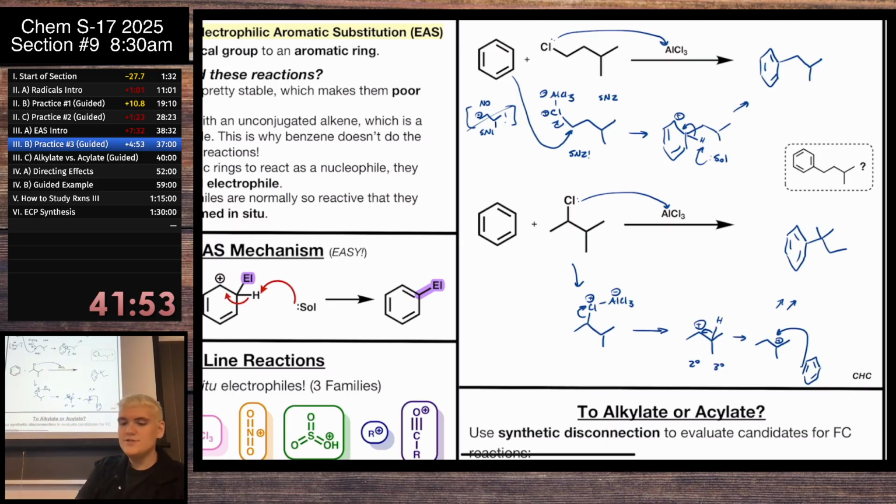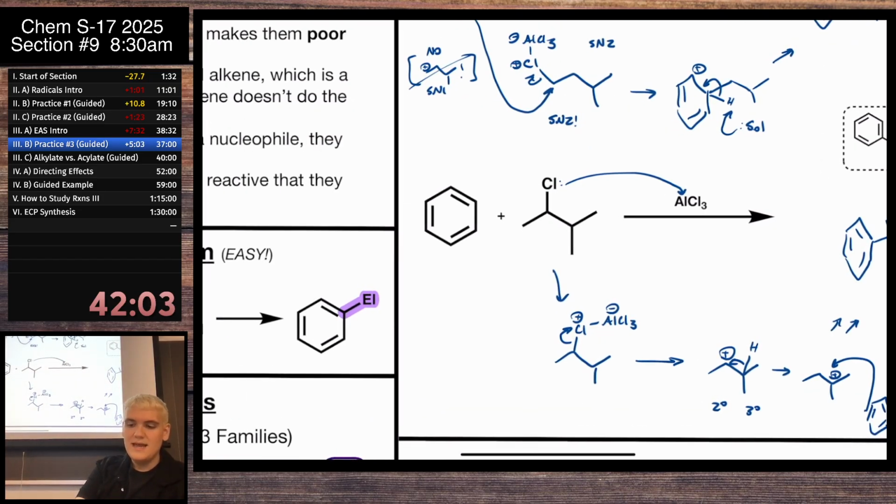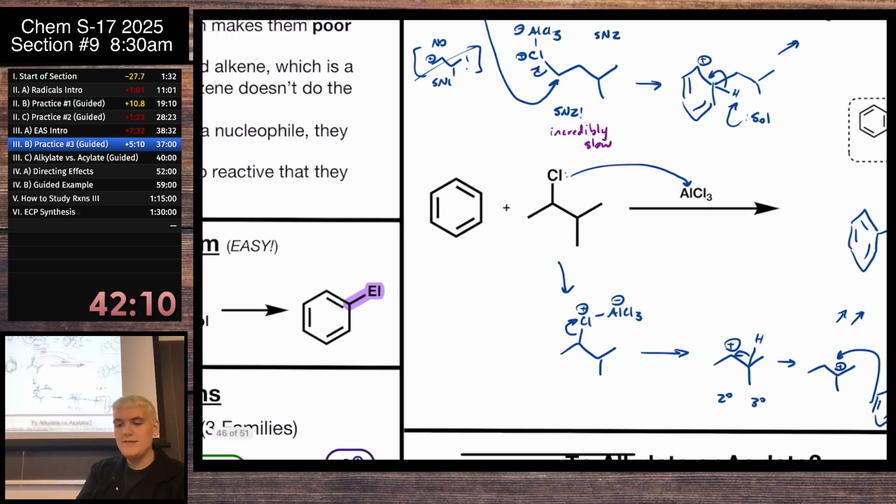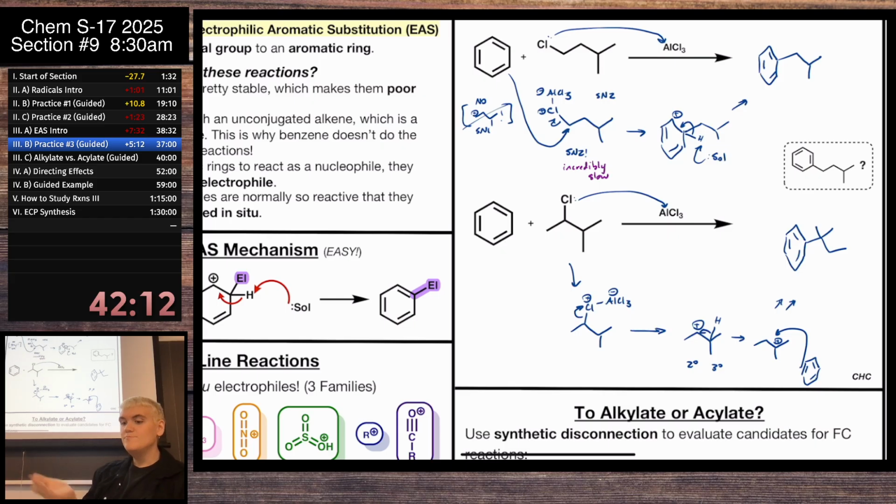And the other issue that I should say with this is a 1, 2, 3, 4, 5 neopentyl group. So remember, this SN2 is going to be incredibly slow. So even though this is hypothetically possible, like we can get this, it's going to be low yield. So this whole thing is, what if we want to get, oh, did I delete a carbon?